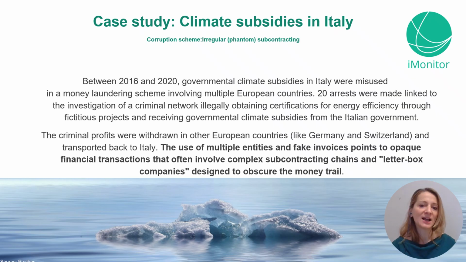Another red flag is overly complicated subcontracting chains where responsibility is unclear. Or, another clue, financial transactions that seem opaque, with invoices or paperwork that don't match reality. By noticing these warning signs, citizens can raise questions and push for transparency, helping to protect public funds and ensure climate subsidies achieve their intended purpose.